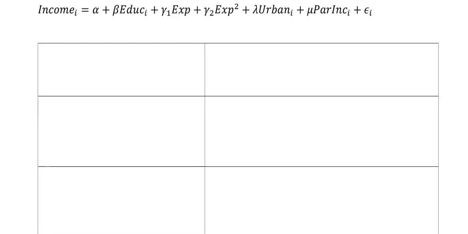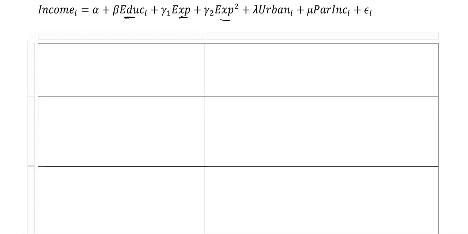Today we're going to learn how to interpret coefficients when the variables are in different formats. So we will look at what we would call a linear level like this, where the power on education is just 1. We are going to look at variables that repeat themselves, like experience here.